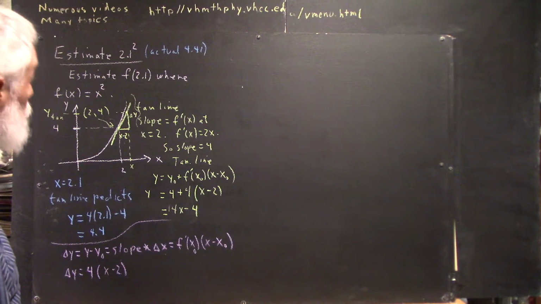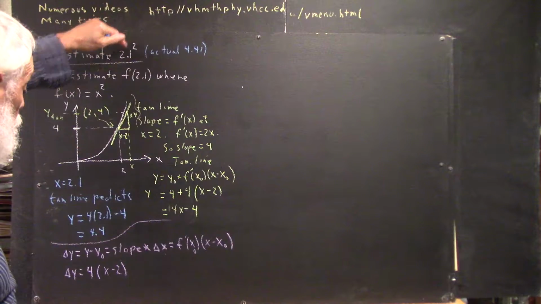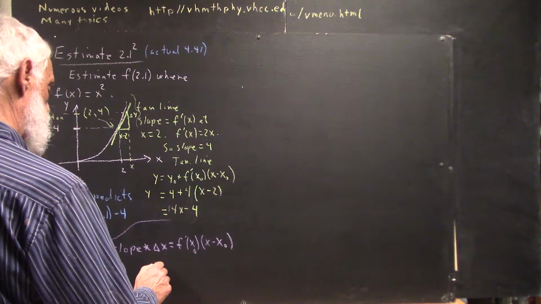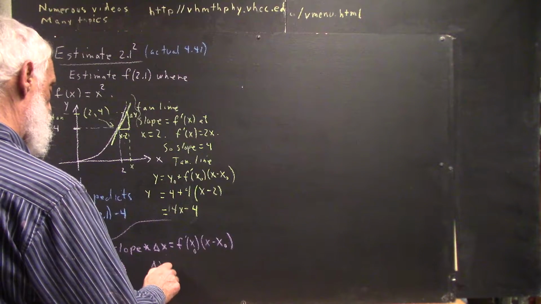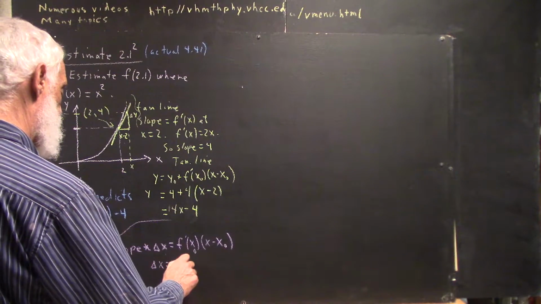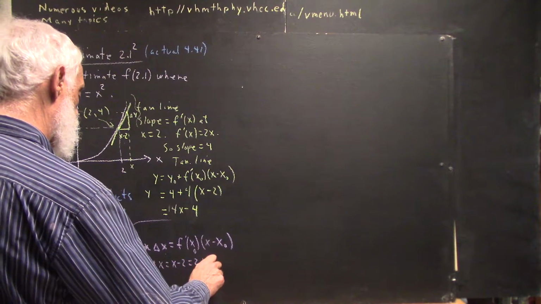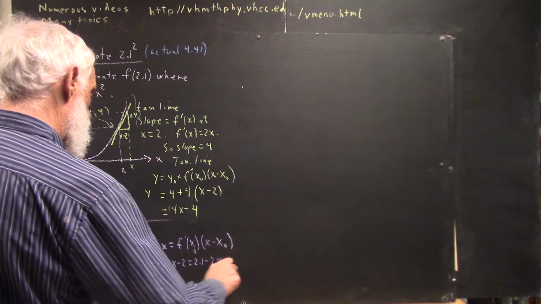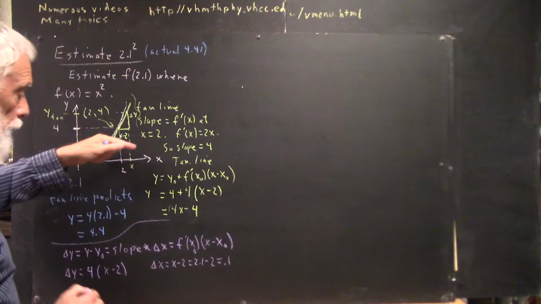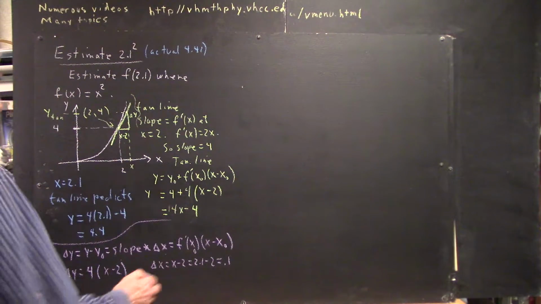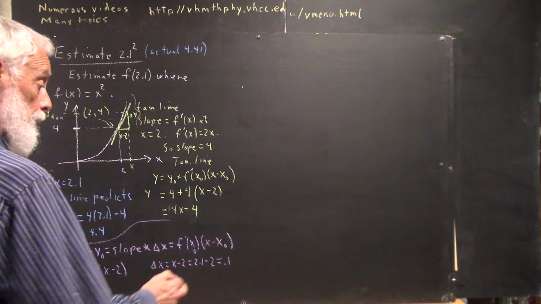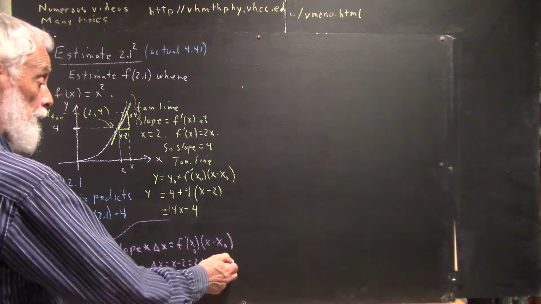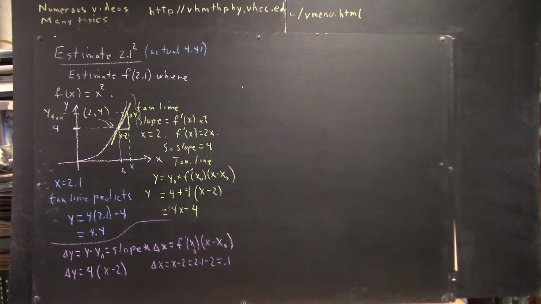So, to estimate 2.1 squared, your delta x, change in x, your run here, which is x minus 2, is 2.1 minus 2. If x is 2.1, then that's 0.1.